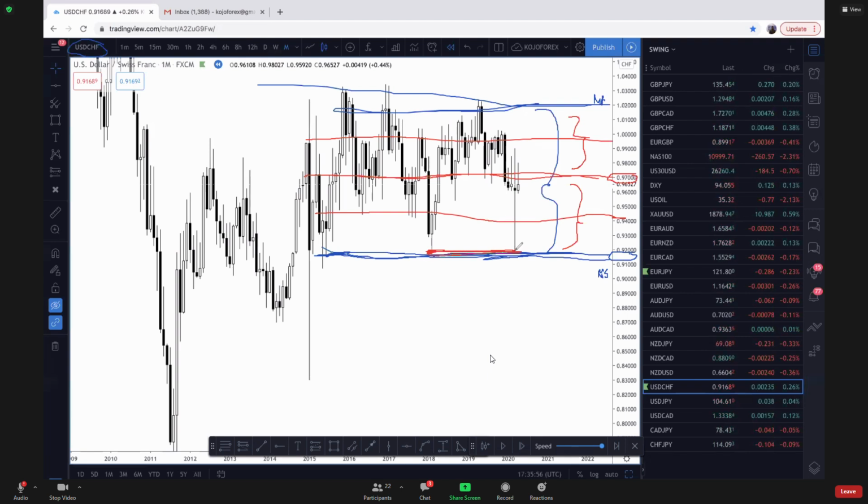Remember again that these people are not scalpers, they are not day traders, they are not swing traders, they are position traders. So who is a position trader? A position trader is somebody that holds a position for usually more than a month, right? It could be a month, 2 months, 3 months, 6 months, even a year, right? They hold their trades for a long time.